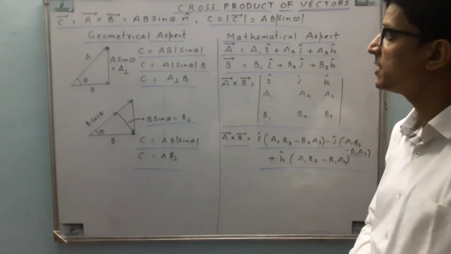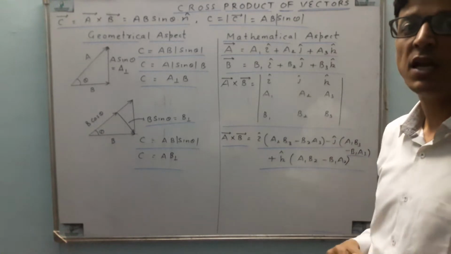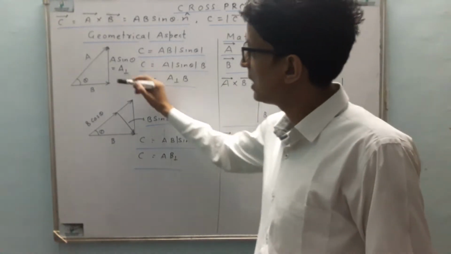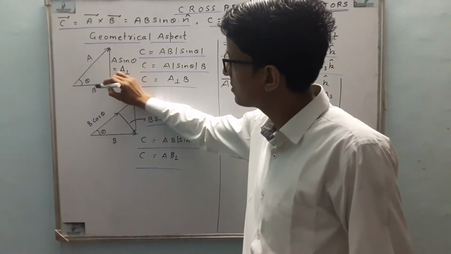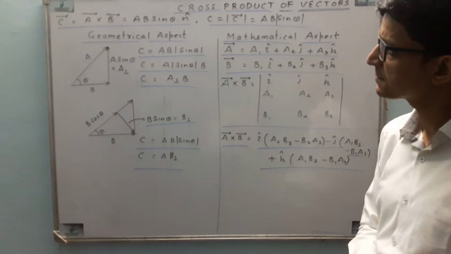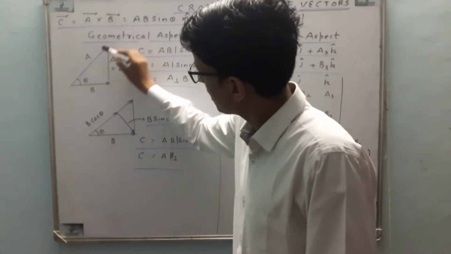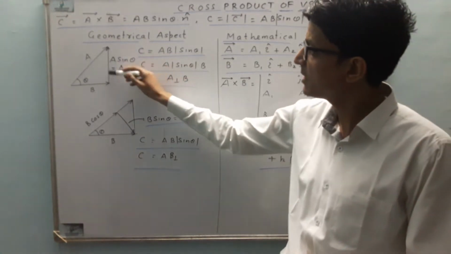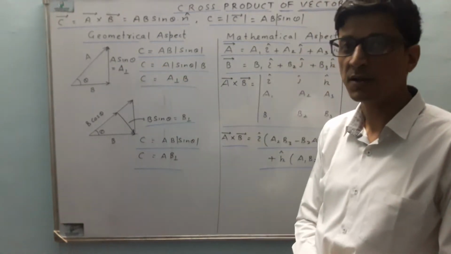We will analyze in terms of geometrical aspect and in terms of mathematical aspect. So, geometrical aspect: let's assume that this is vector A and this is vector B, and these are inclined to each other at an angle of theta. So if this is A, then that side will be A sin theta, which I can name as A perpendicular.